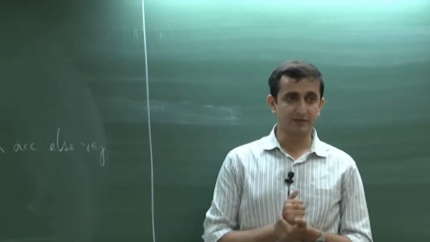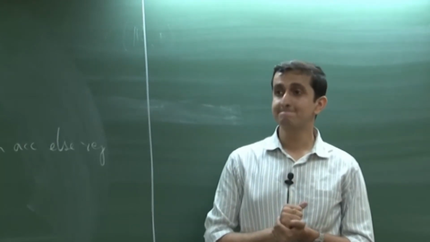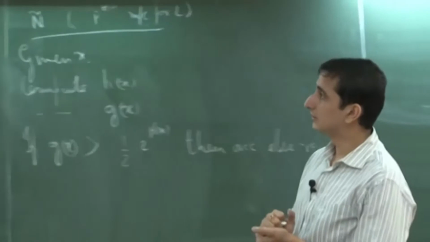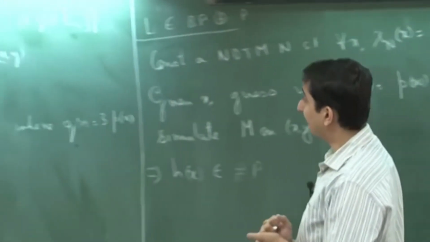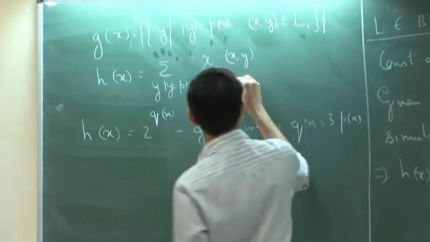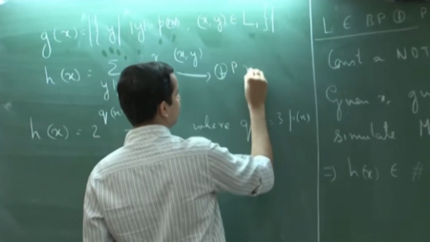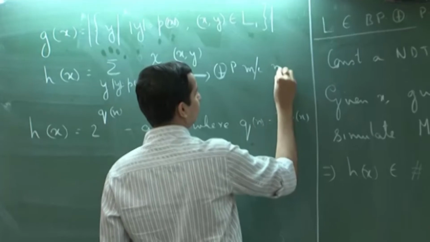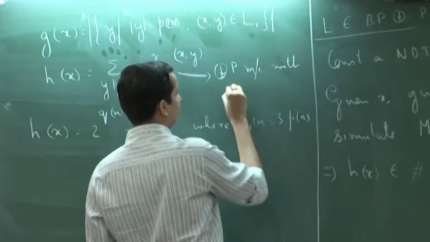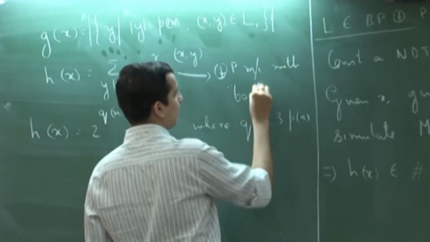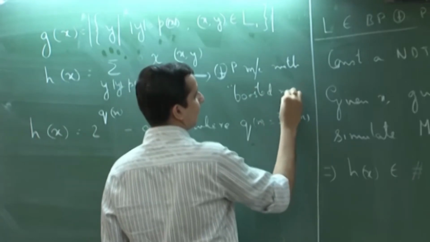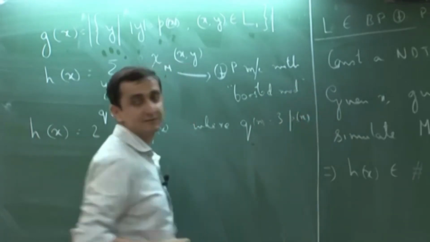Okay. So, any questions? Yeah. So, capital M was that machine, the parity P machine with this boosted modulus.